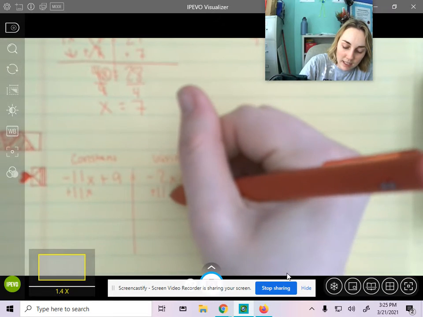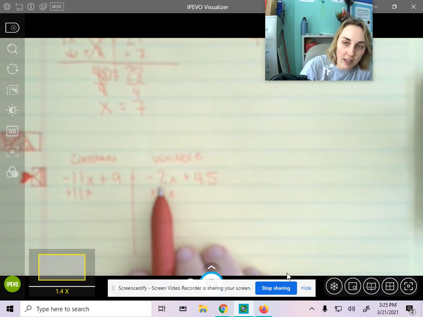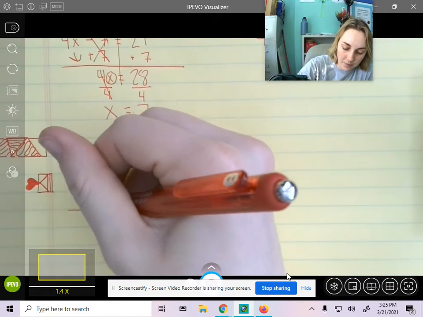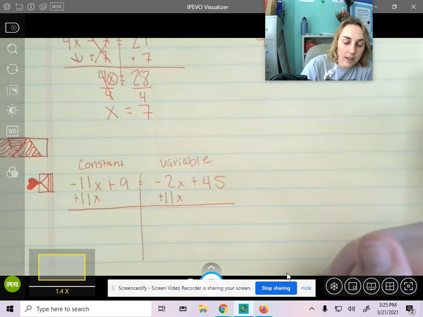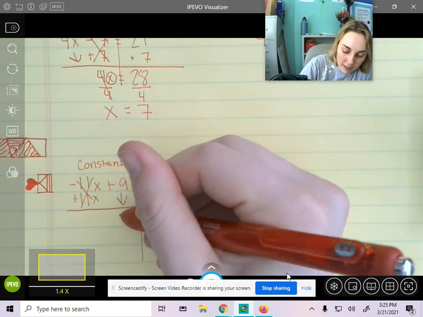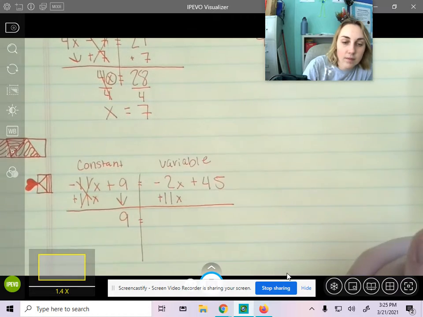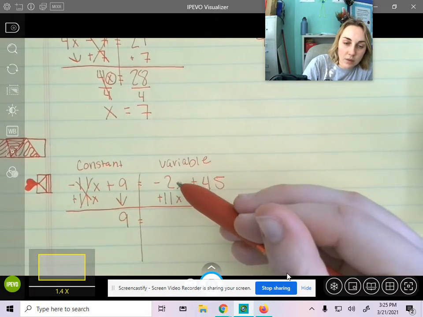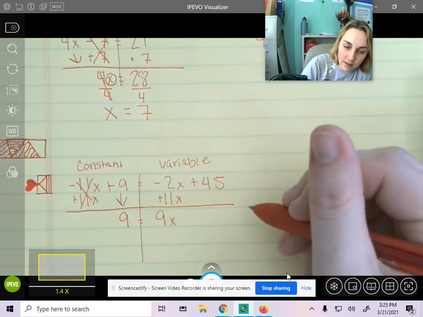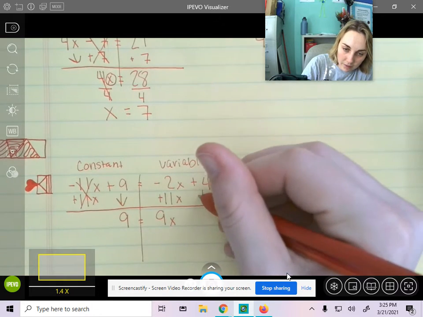And again, I like putting it directly under the other variable. So you can go ahead and do the math. So these canceled out. They were opposites. I'm going to bring down this plus 9. Negative 2 plus 11 is going to give me 9x. And I'll bring down this plus 45.